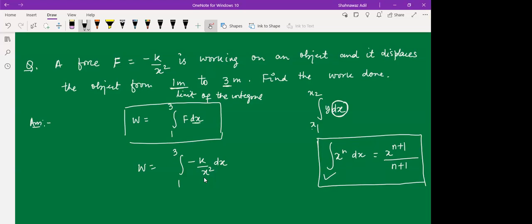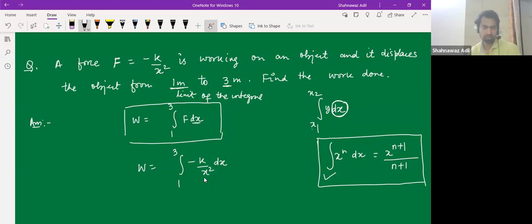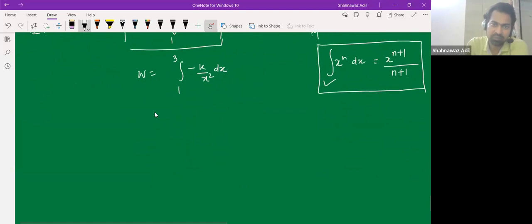So can you show how to do this? Okay, good that you asked me. So this is minus k, a constant, so we can take it outside. And then this is the integral from 1 to 3 of 1 by x squared dx.